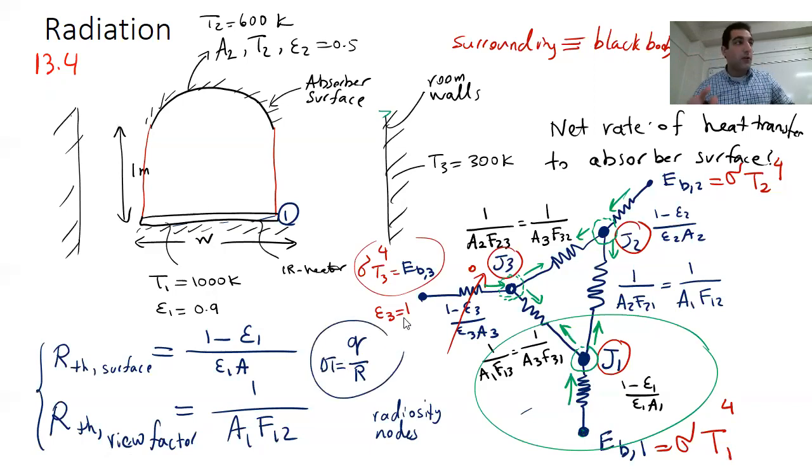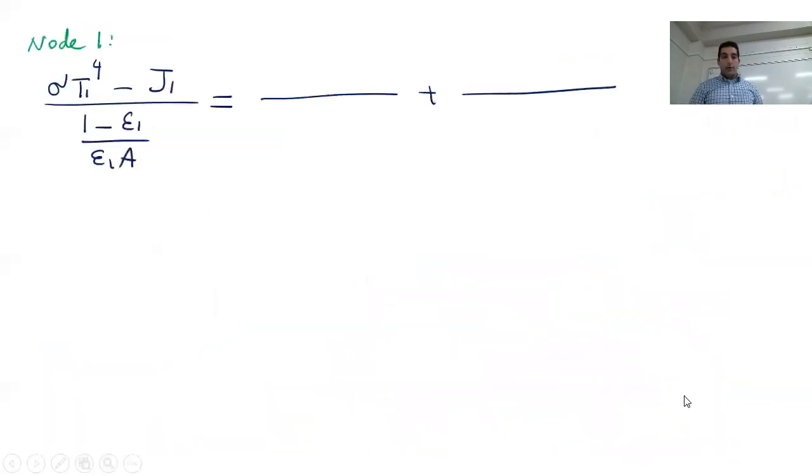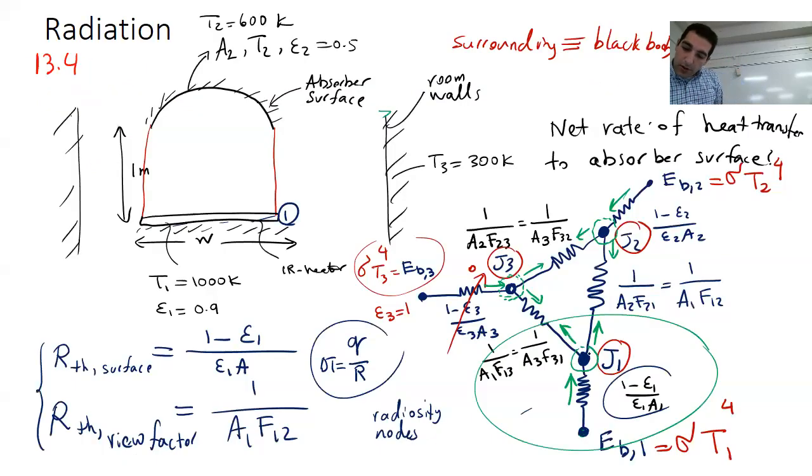This is in the form of a thermal resistance network, works the same way. This is Q, Eb1 minus J1 divided by the resistance in between, which is this. So I have the left-hand side, and on the right-hand side, I should talk about this portion of the heat leaving plus this portion of the heat leaving.